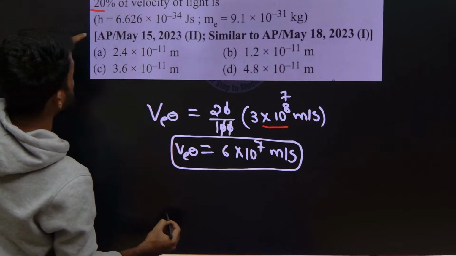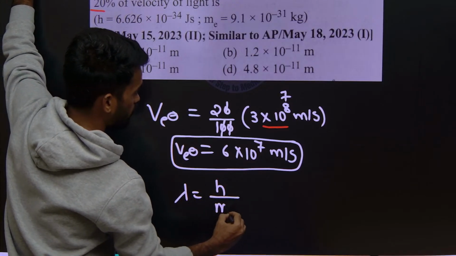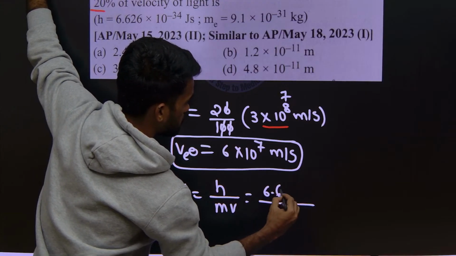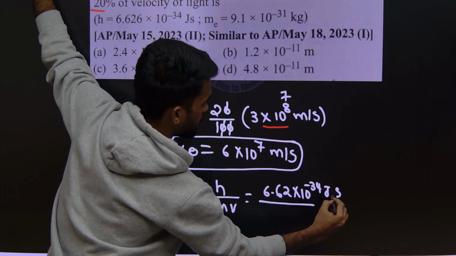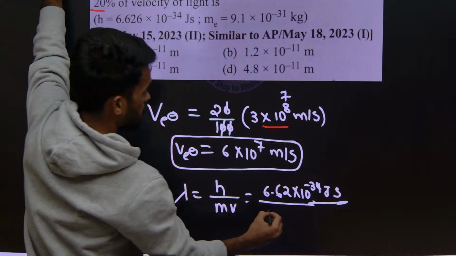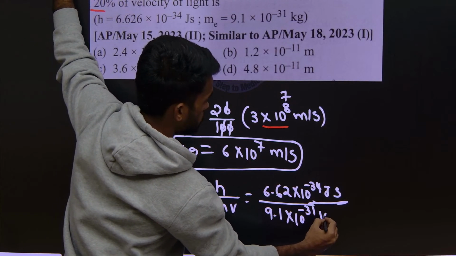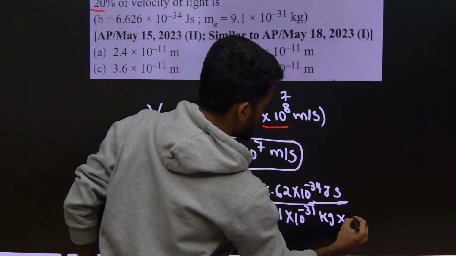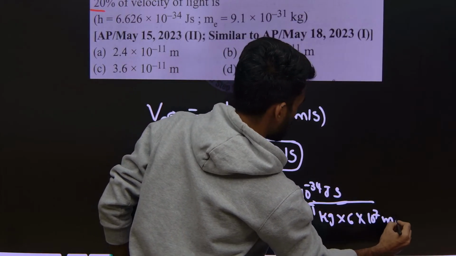Now what they are asking, de Broglie wavelength, lambda equals h by mv we have. So this is 6.62 into 10 power minus 34 joule second by, and what about the mass of electron given here? 9.1 into 10 power minus 31 kg into, and velocity is given as how much? 6 into 10 power 7 meter per second.